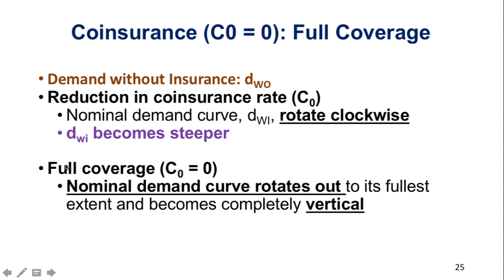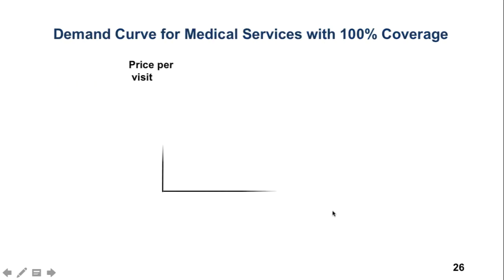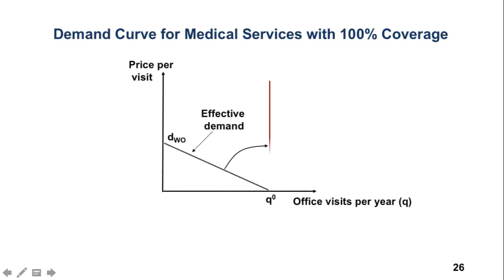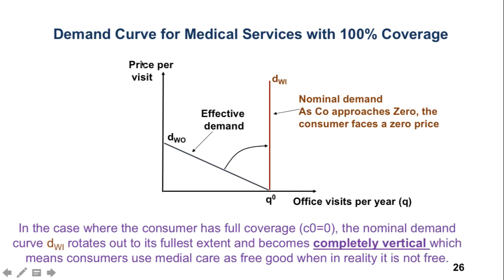Basically, with zero coinsurance, the nominal demand curve will be vertical. So with the coinsurance decreasing to 100% coverage, the insurance company pays the full amount.